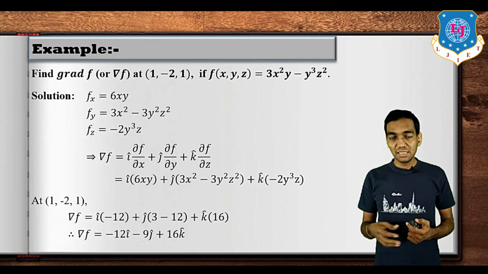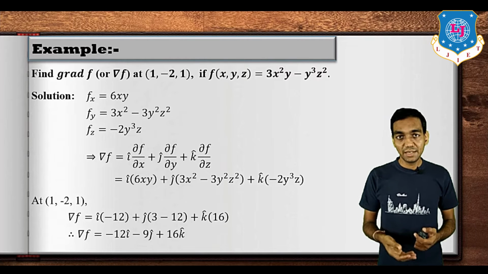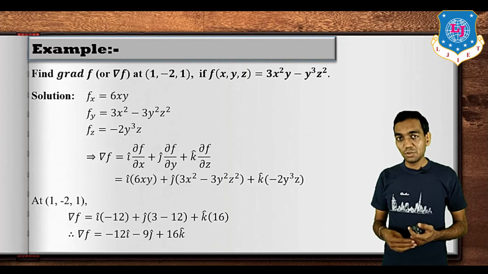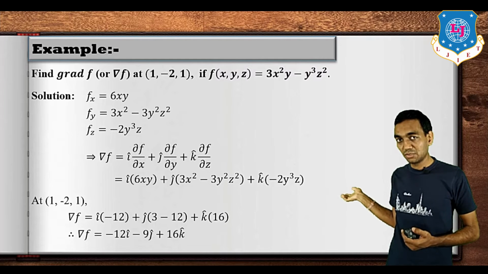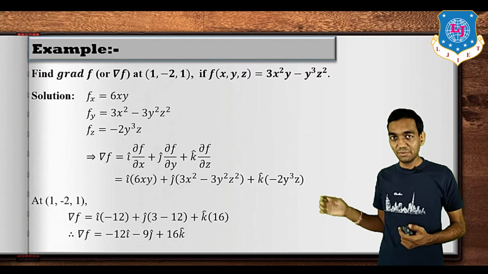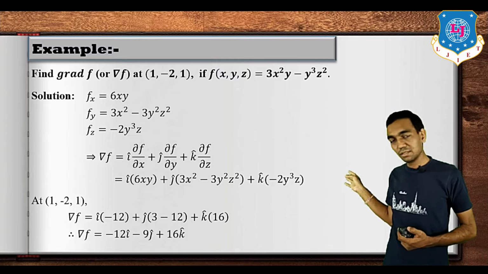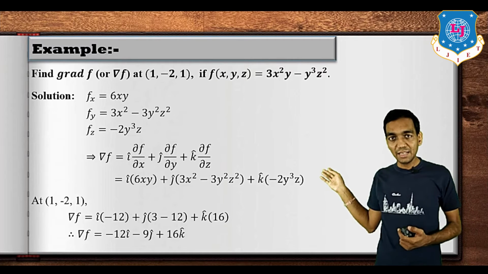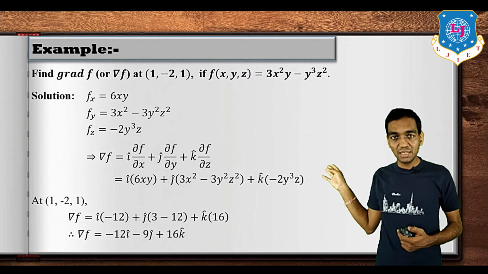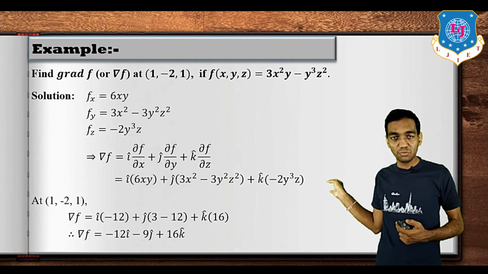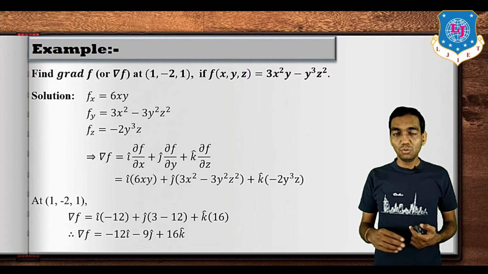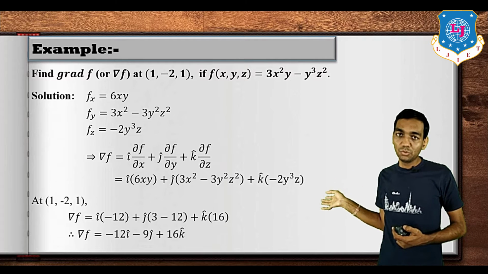Okay. So these are three values and you have to find the gradient at the point (1, -2, 1). So we are going to put the values x is equal to 1, y is equal to -2 and z is equal to 1. Then your gradient is going to be i into 6 into 1 into -2 plus j into (3 into 1² minus 3 into (-2)² into 1²) plus k into -2 into (-2)³ into 1.